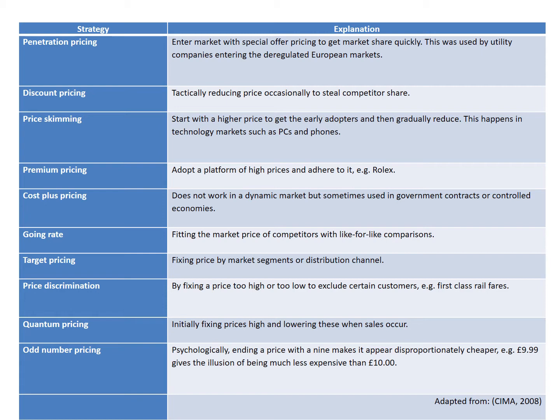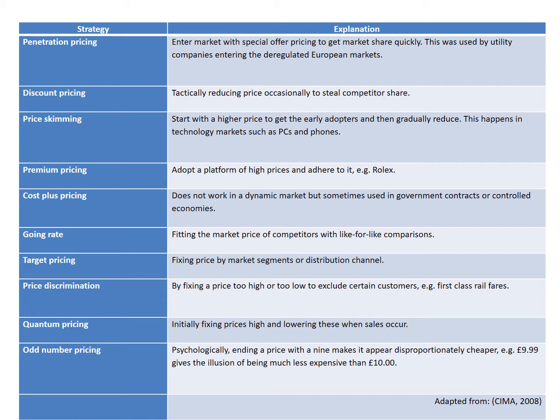Discounted prices. This is where you tactically reduce the price occasionally or provide a discount to get the competitor's market share. This is discounted prices. Price skimming. Price skimming means starting with a higher price to get the early adopters.